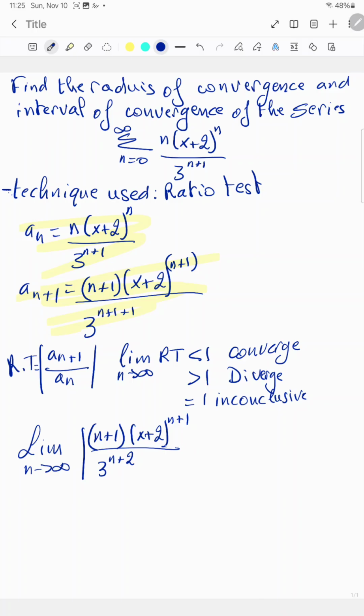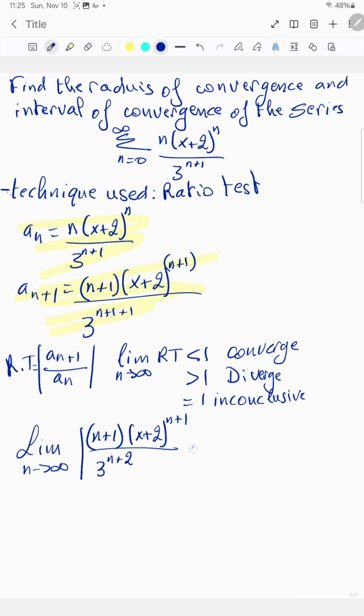And instead of dividing by a_n, I will multiply by a_n but flip it. So my denominator becomes the numerator. My denominator used to be 3 to the power n plus 1, so it becomes my numerator. And my numerator goes to the denominator, which is n times (x plus 2) to the power of n.